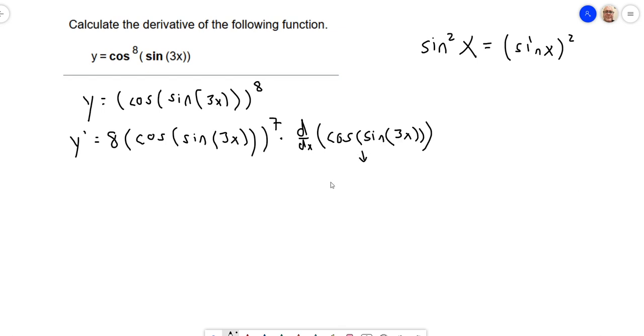So it's going to be the derivative of the outside, and the derivative of cosine is negative sine. So this is going to be negative sine, and we're going to keep the inside the same, the sine of 3x, times the derivative of the inside function, times the derivative with respect to x of sine of 3x.